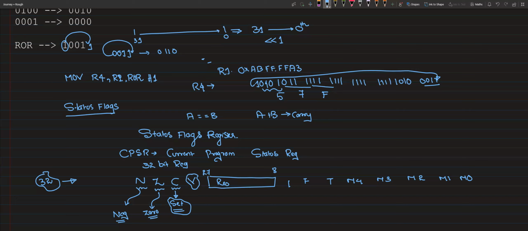In that it is 32 bit. We do have 64 bit, 128 bit too. So in that scenario, if the result is more than the bit size of the ARM register, then this V flag, that is the overflow flag, will be set. Hope these flags are clear to you.